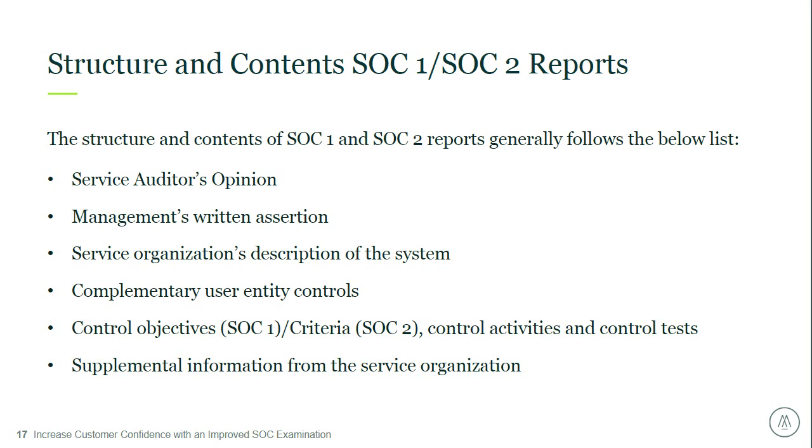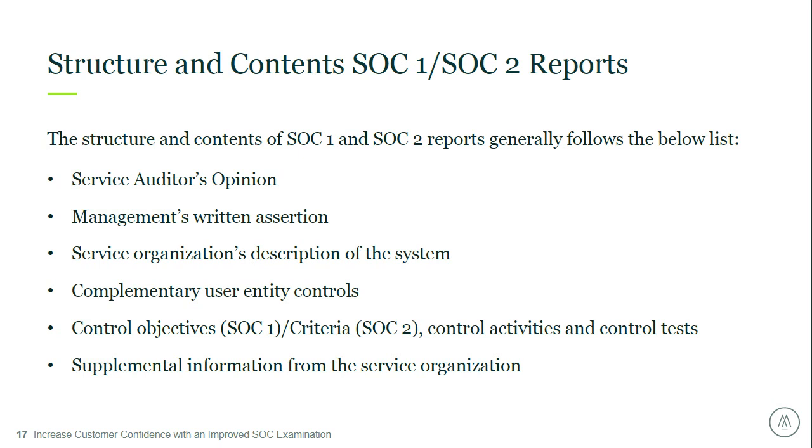The goal is to get an unqualified report. If there are exceptions and enough to basically impact the completion of a control objective, that is called a qualification. So that would be a qualified report. But that's this first section, the service auditor's opinion.